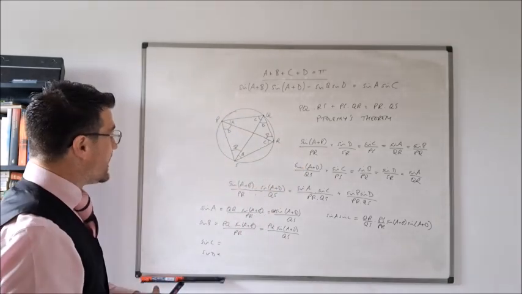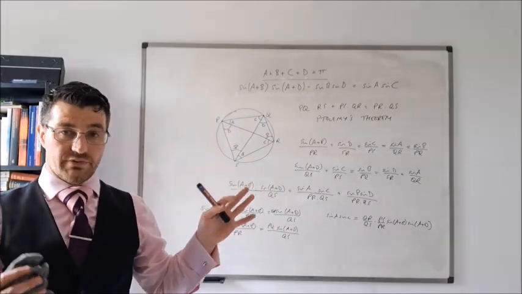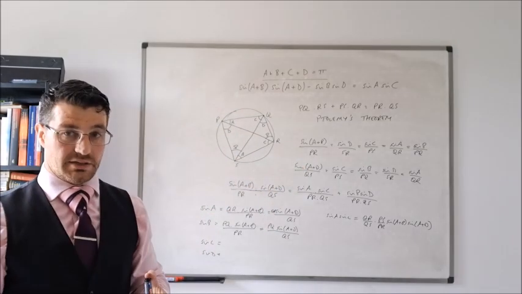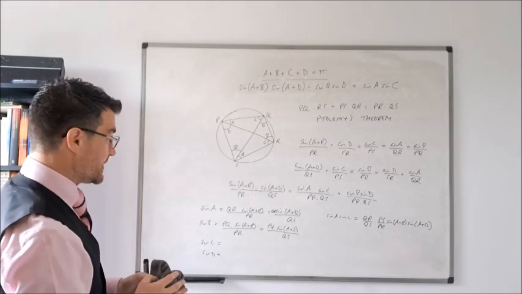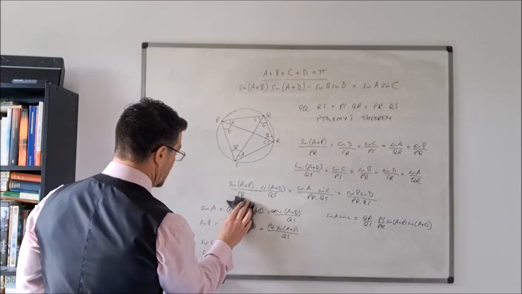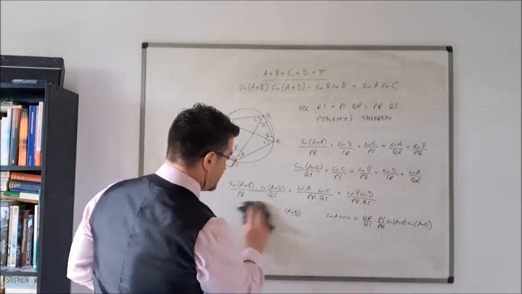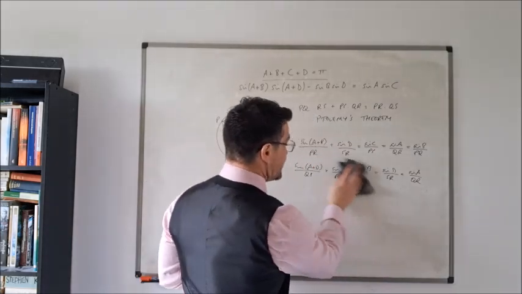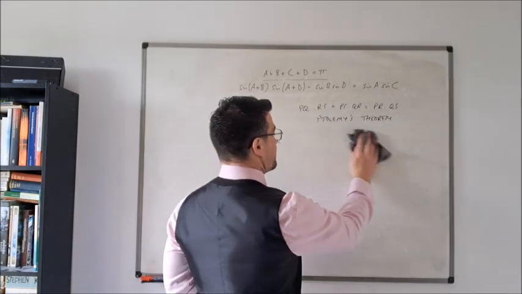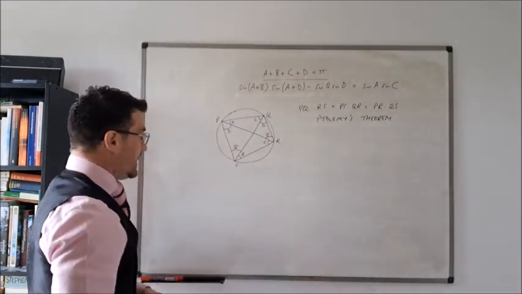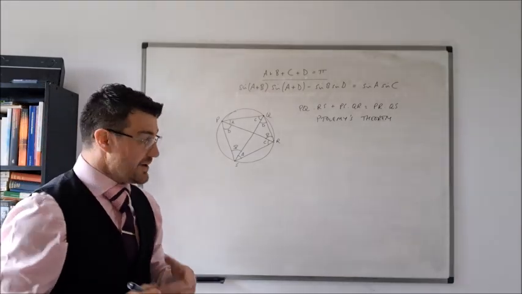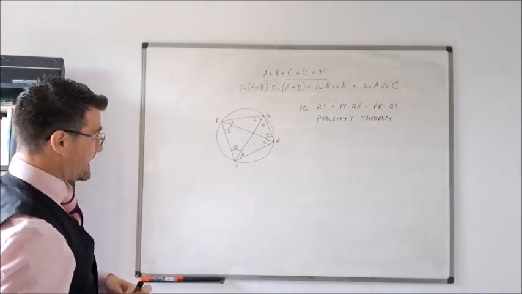Now, how might you go about proving Ptolemy's theorem without using trigonometry? I'll just give an idea of it. I'm not going to go through the proof, and it's certainly not a proof that I came up with. I'm not going to claim that at all.